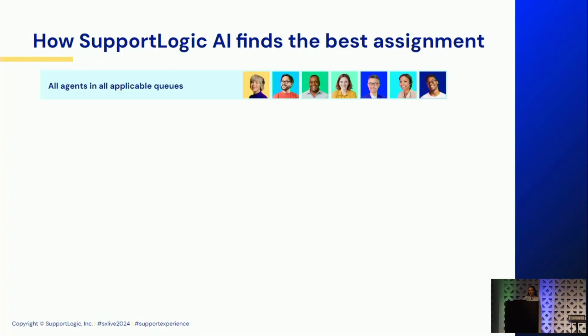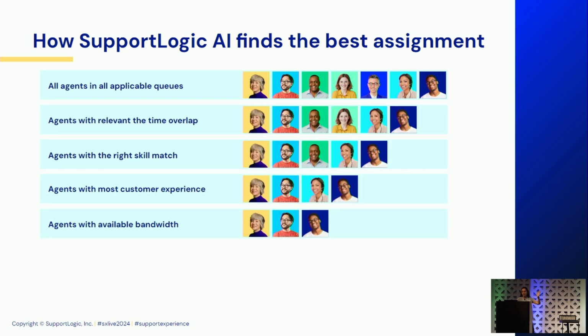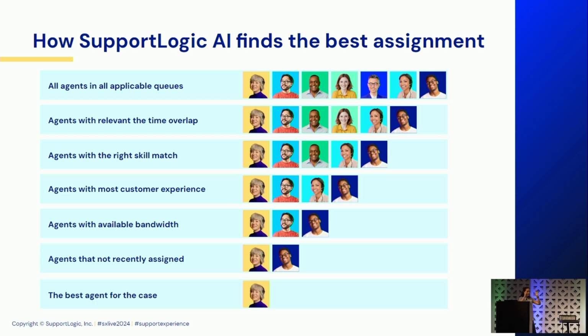So how do we do it at Support Logic? You will see that the solutions we provide are scalable, very AI-driven solutions combined from a lot of smaller components. Those components help us take all the applicable agents that can be for the particular case and narrow it down step by step until we find the individual agent that is the best agent for the case.